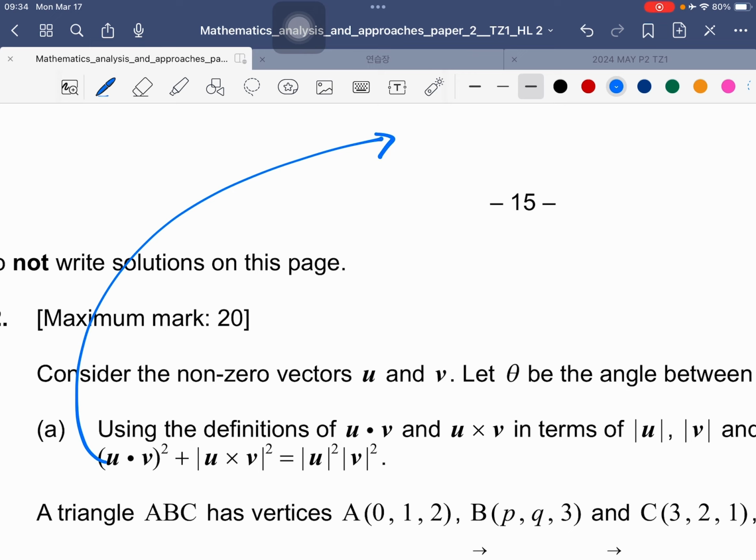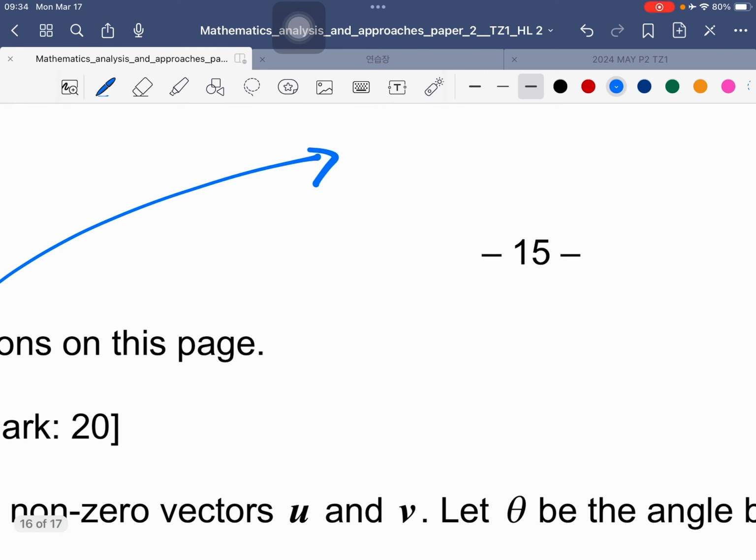So u dot v, by definition, is the magnitude of vector u times the magnitude of vector v times the cosine of theta.